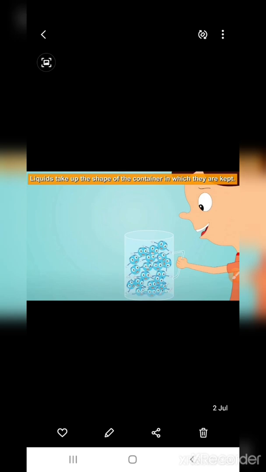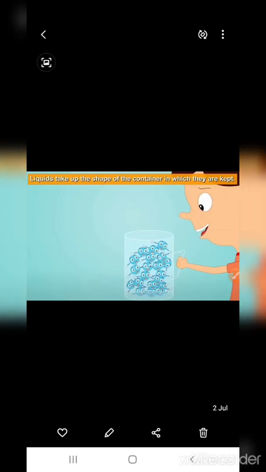Liquids take up the shape of the container in which they are kept. Liquids like any juice or drink take the shape of whatever container you fill them in. It means that liquids have a definite volume, but they do not have a definite shape, right?